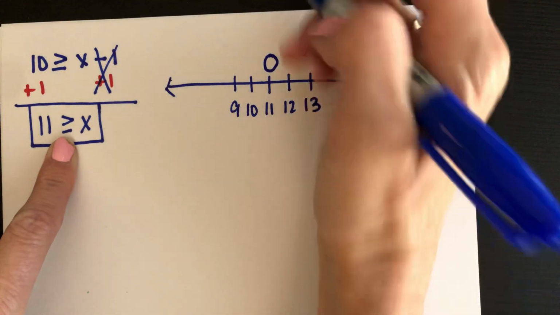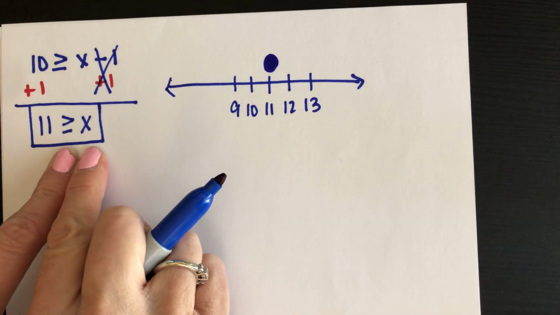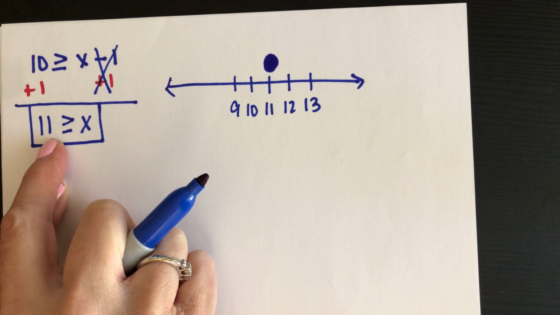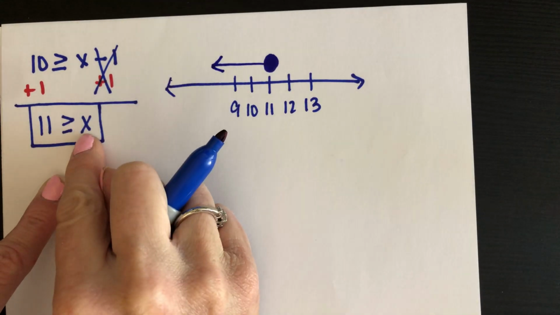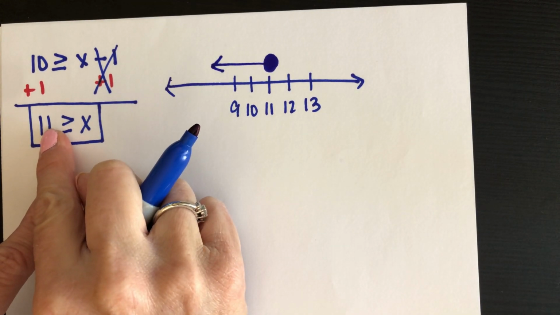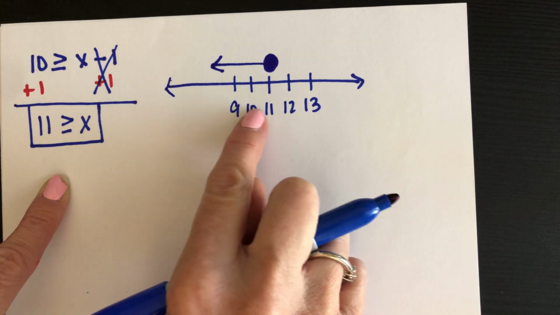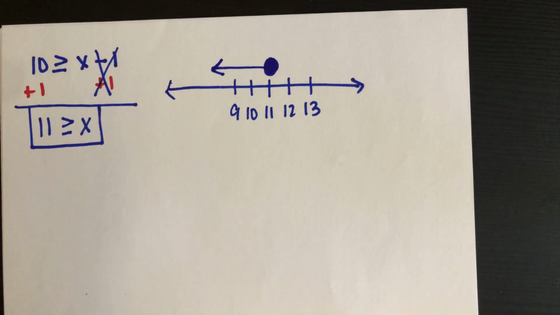I know I have the equal sign, so it's going to be shaded in and closed. And I'm reading this backwards, starting with the variable. X is less than or equal to 11. So now I'm going to draw my arrow this way because x is less than or equal to 11. Remember, smaller numbers eat the bigger numbers. So all these numbers have to be 11 and below.